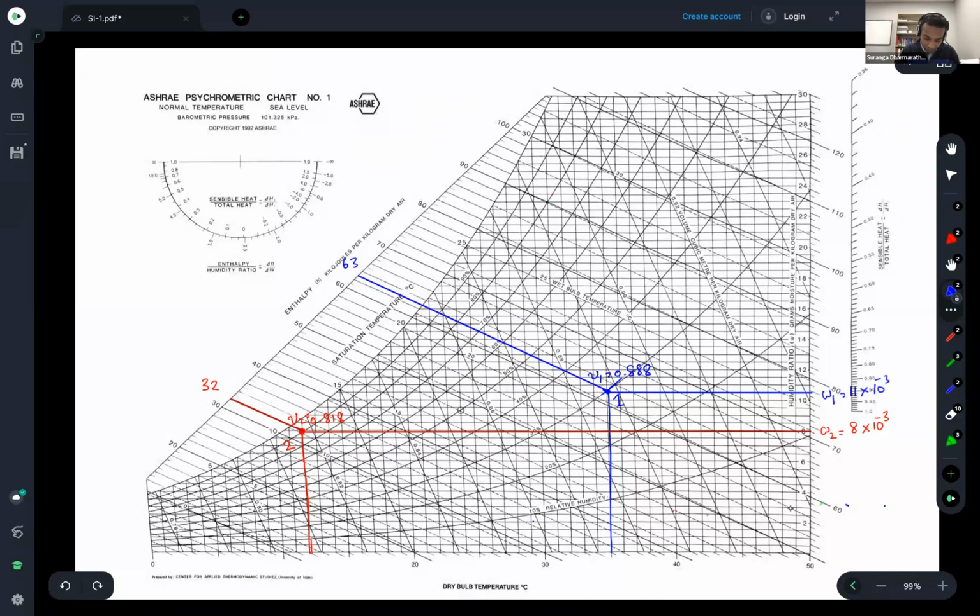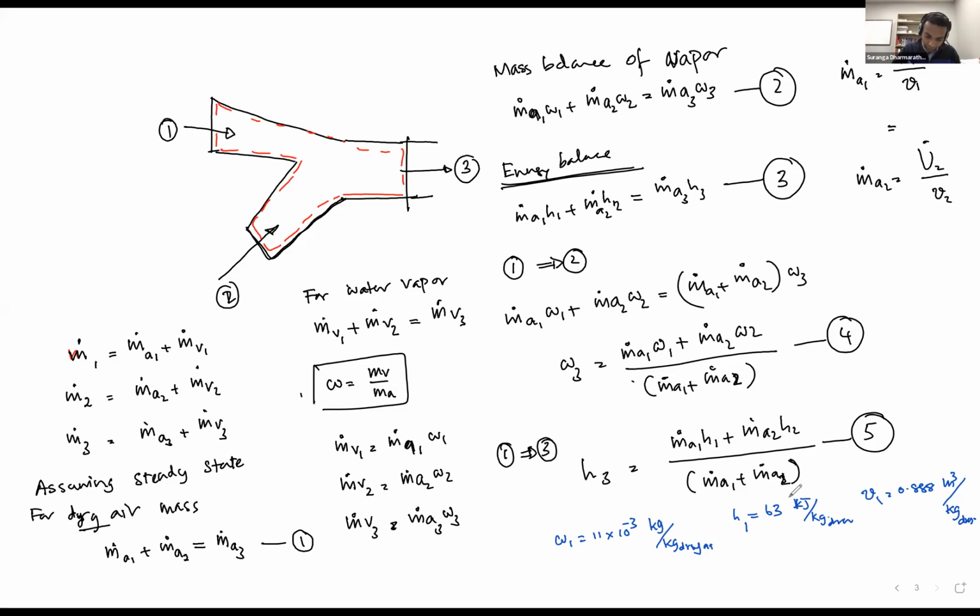And then you have 32.818 and 8, right? So I can go back to the whiteboard and write in red. Omega 2 is 8 times 10 to the power negative 3 kilogram per kilogram of dry air.